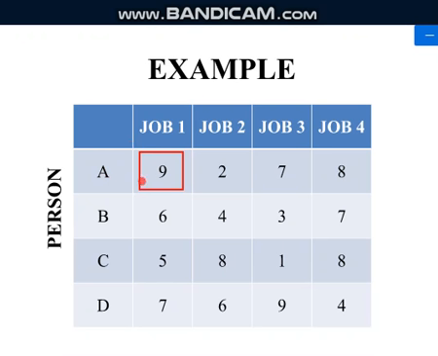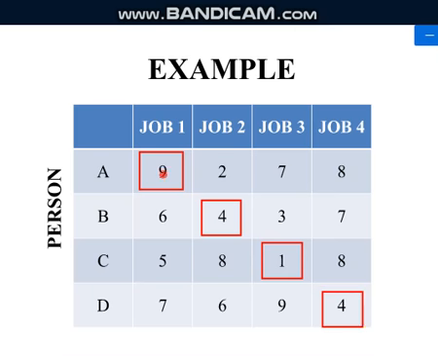Now just randomly I am just telling you, we have not applied any of the algorithm here. So first, if at all I apply job 1 for person A, then I'll allocate job 2 for person B. I'll allocate job 3 for person C. Then I'll allocate job 4 for person D. Okay.